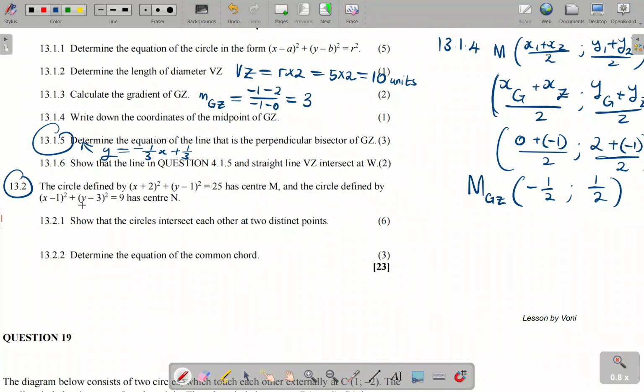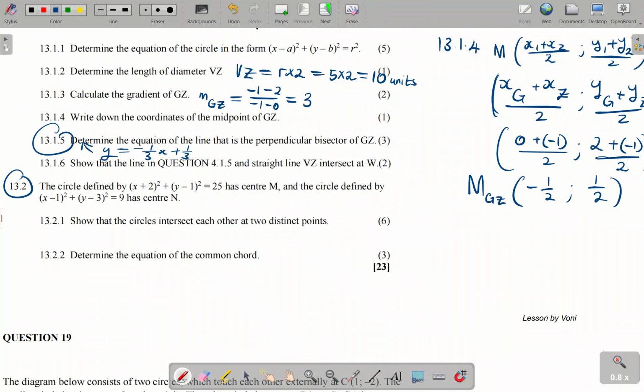They say that the circle defined by x plus 2 squared plus y minus something squared has a center M, and the circle defined by x minus 1 squared plus y minus something squared has a center N. So you have two circles.